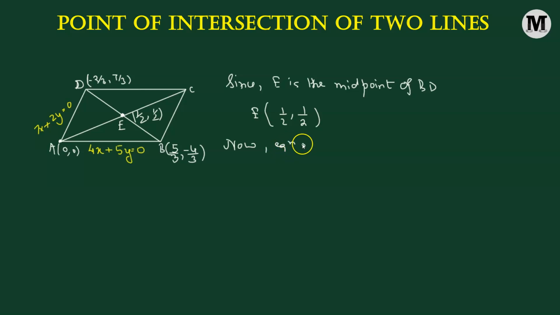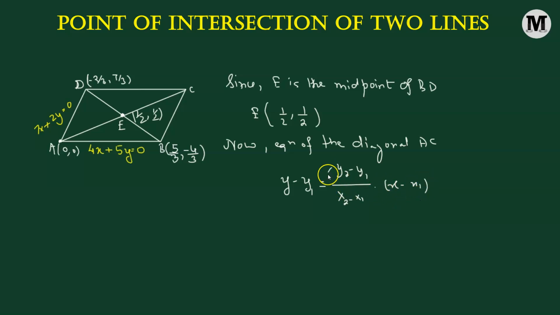The equation of the diagonal AC: to find it, we use the two-point form of a line. We have y - y1 = (y2 - y1)/(x2 - x1) times (x - x1). Here, y - 1/2 = (1/2 - 0)/(1/2 - 0) times (x - 1/2).